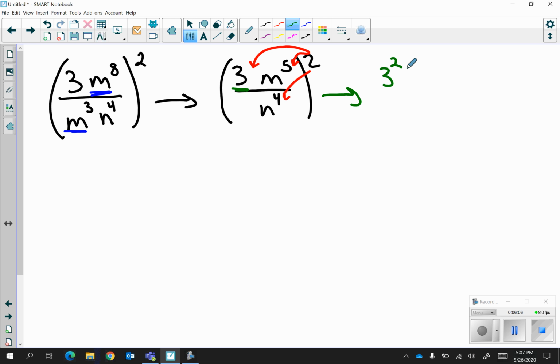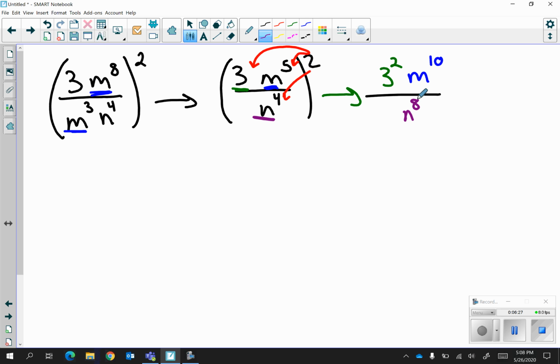Now, for the next one, the m, you're going to multiply the exponents. So 5 times 2 is m to the 10th power. For the last one, the n, you're going to have n and multiply the exponents. 4 times 2 is 8.